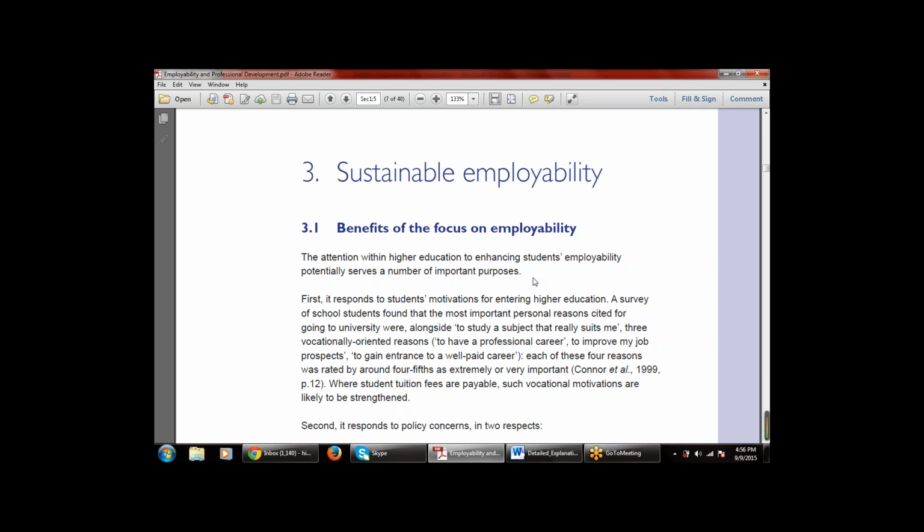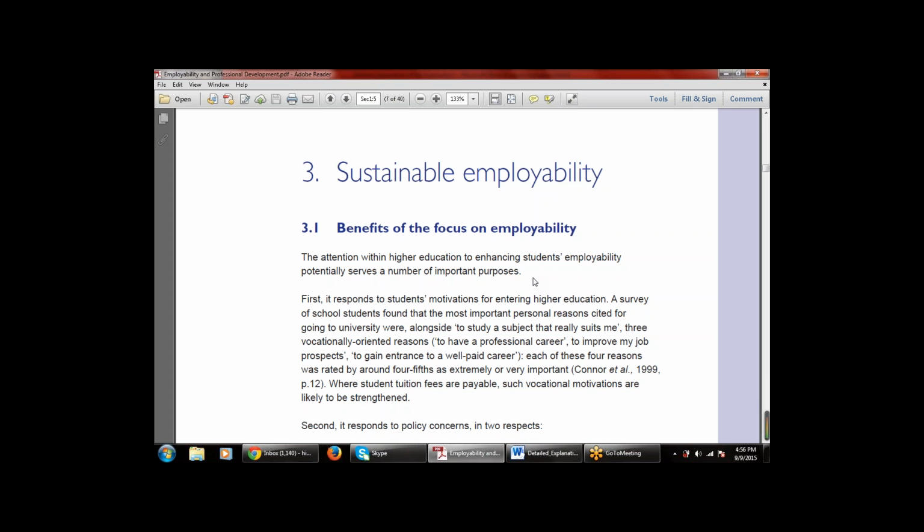First is the professional career, so that you are professionally secure and available, and you can take on anything. And to improve my job prospects: if I'm working somewhere and I increase my capabilities and qualifications, I can simply switch from one organization to another.